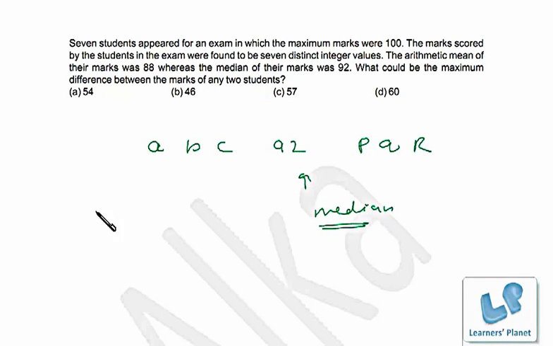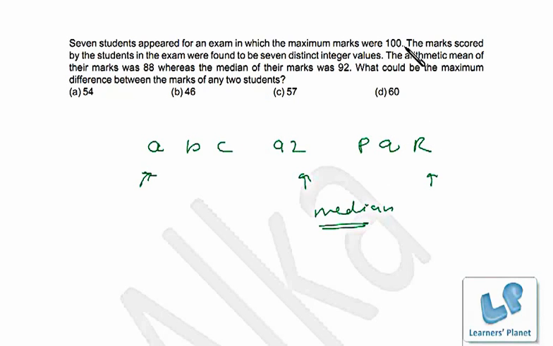Now, since we have arranged the numbers in ascending order, we have to find out the maximum difference between the marks. That means we have to find the difference between A and R, right? Now we have to maintain the arithmetic mean as 88. To maximize the difference, we have to find the maximum values of R, Q, P, C and B possible while maintaining the mean of 88.